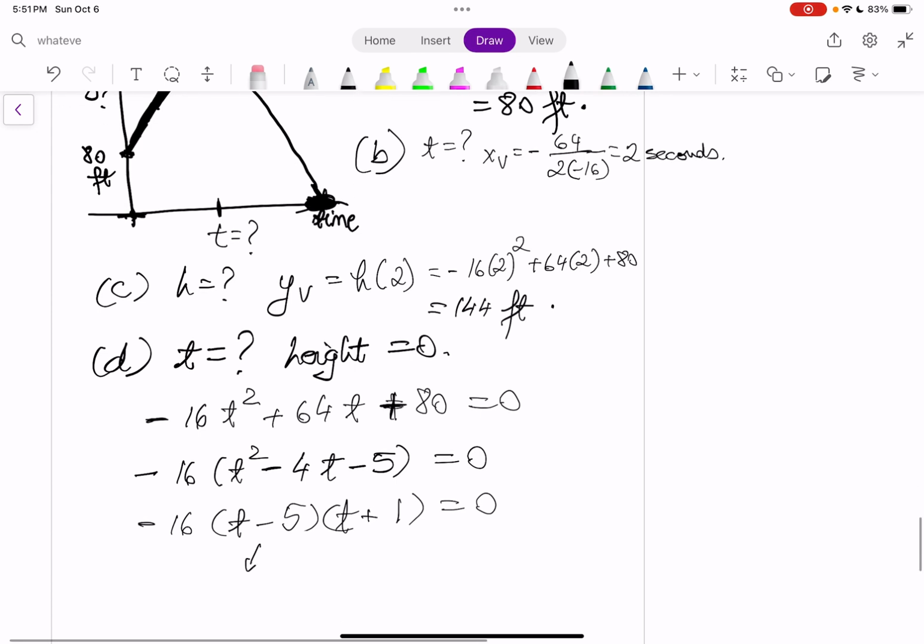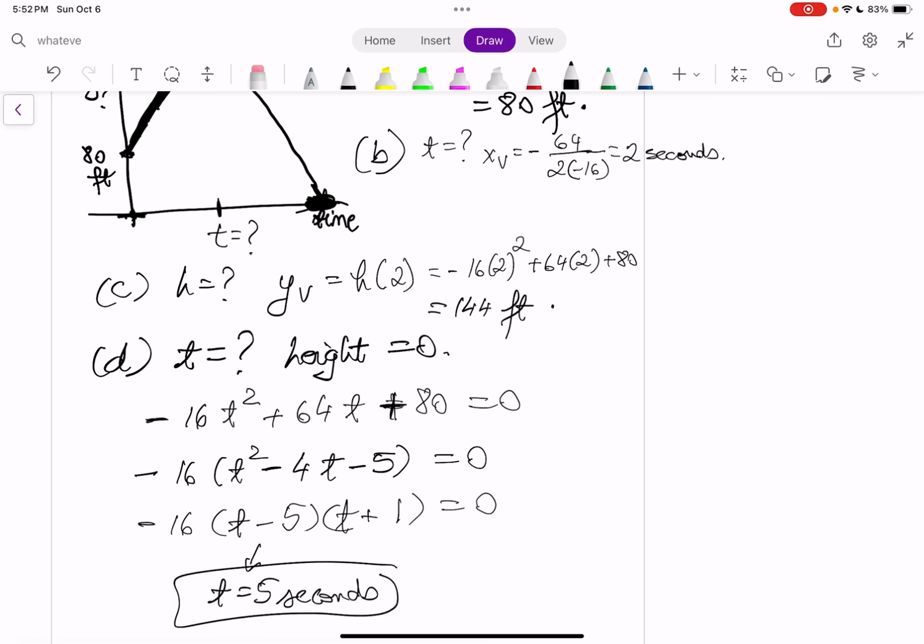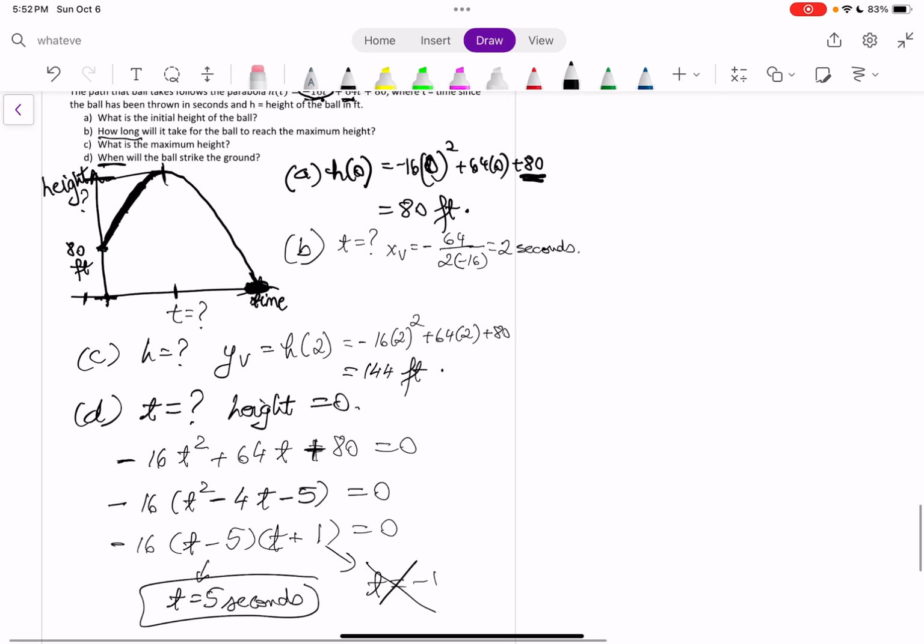So one possible answer is t is 5, and these are 5 seconds. And the other option is that t is negative 1, but that's not going to be an option because time cannot be negative. That's really the value that's behind the 0, but time is only positive, so we're moving forward. Therefore, it's these 5 seconds right here that we are looking at, right?